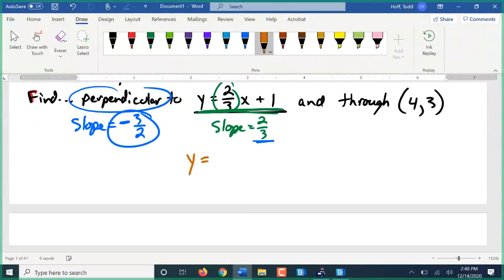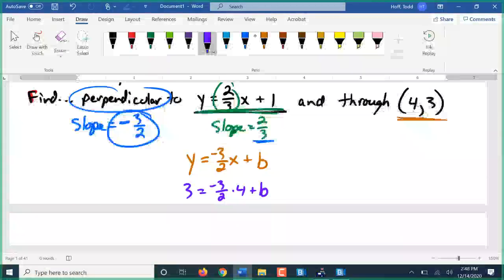So the equation for our line here starts out as y equals negative 3 over 2x plus whatever our y-intercept turns out to become. We plug in the point that it's going through, put 3 in for y, 4 in for x. We multiply.